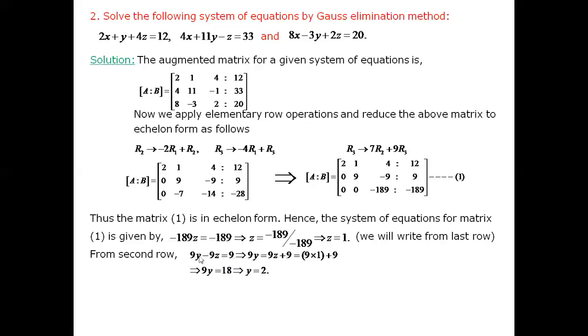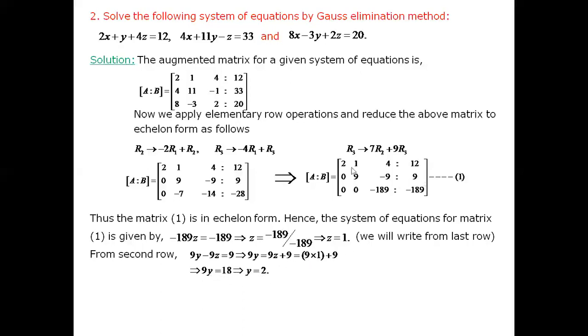So I want the value of y. I'll keep this 9y here and take this term to the RHS. So I get 9y is equal to plus 9z plus 9. So this is equal to 9 into, z is 1, so it is 9 into 1 plus 9. So it is 9 plus 9, 18. So I get 9y equals 18. So this implies y is equal to 18 by 9, which is 2.